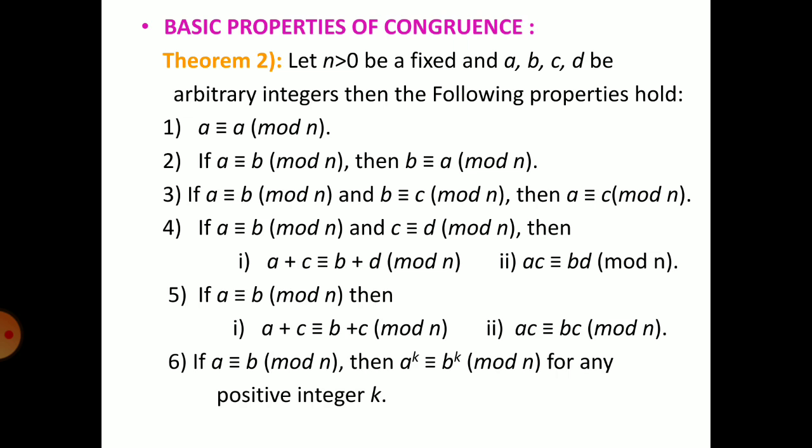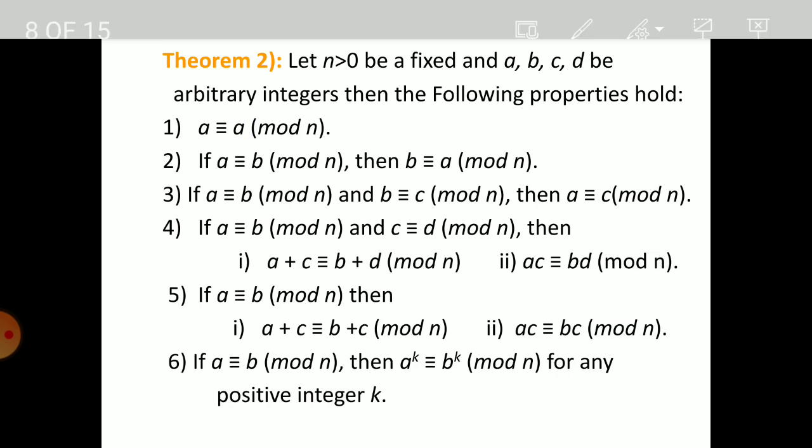Now we shall study some basic properties of congruences. Let n be fixed and a, b, c, d be arbitrary integers. Then the following properties hold. First, a is congruent to a mod n.